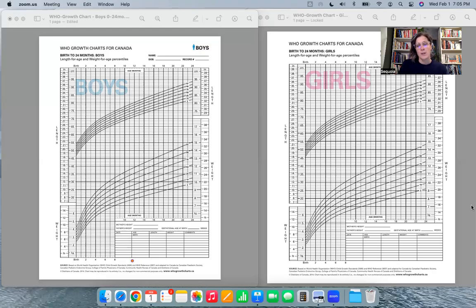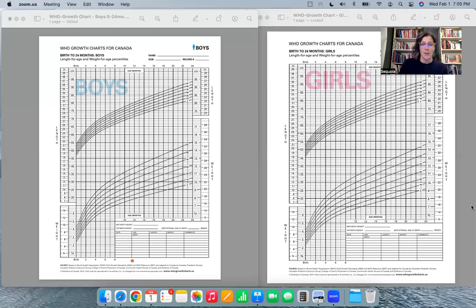Or if there was an issue with placental nutrition delivery in those last few weeks of pregnancy, then sometimes they'll be below where they should be. So either way, we want them to relatively stay on the curve that they were born on, if not the curve that they were at least 1 month in.